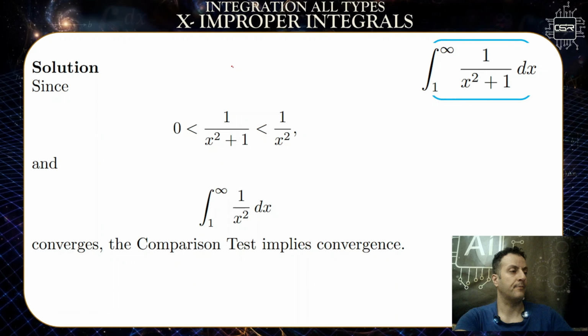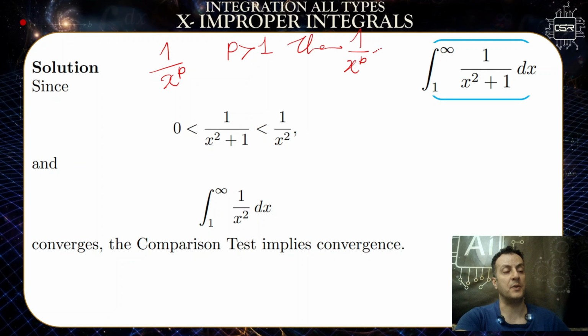Okay? However, there happens to be another way to check the convergence of this integral. Let's recall the p series. When you have 1 over x to the power of p, this is a p series with the condition that when p is strictly greater than 1, then 1 over x to the power of p converges, meaning that it has a finite limit.